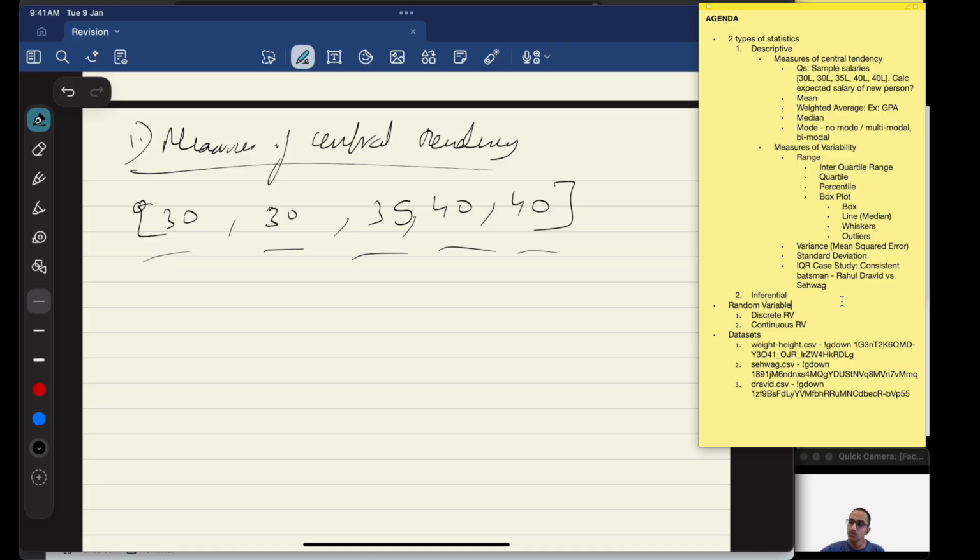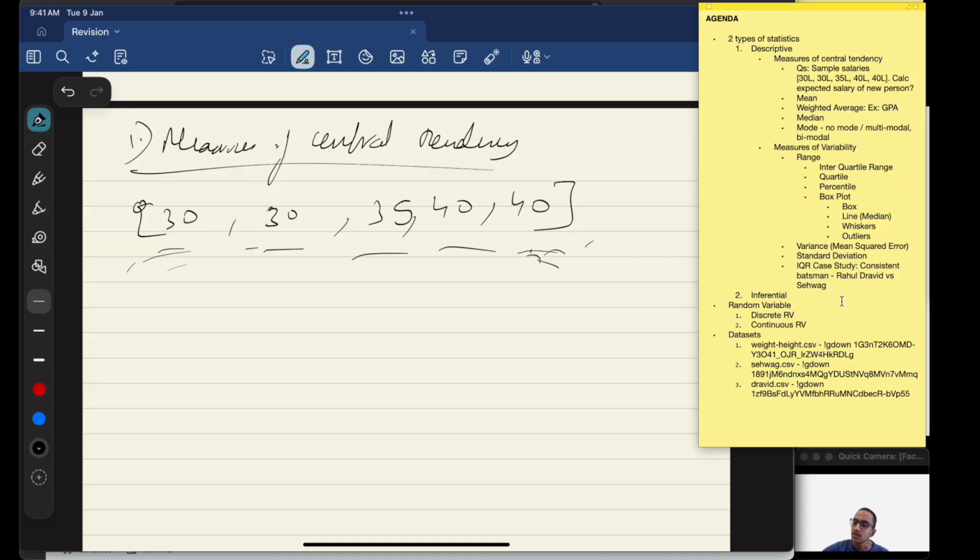If the HR wants to hire a new person and negotiate the salary, the HR would expect the salary to be somewhere within this range, right?